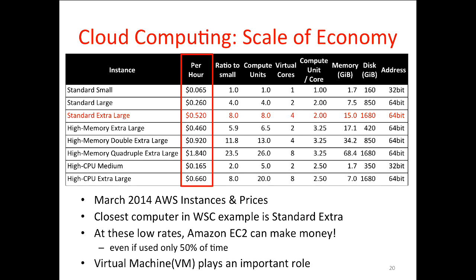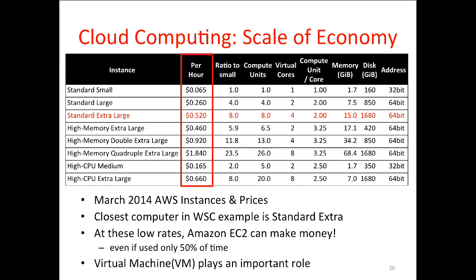Okay, then let's talk about cloud computing, which shows economies of scale. This table shows the price of each instance in Amazon EC2. Here, standard storage is almost comparable to the server in our example. As you can see, it's very cheap, right?